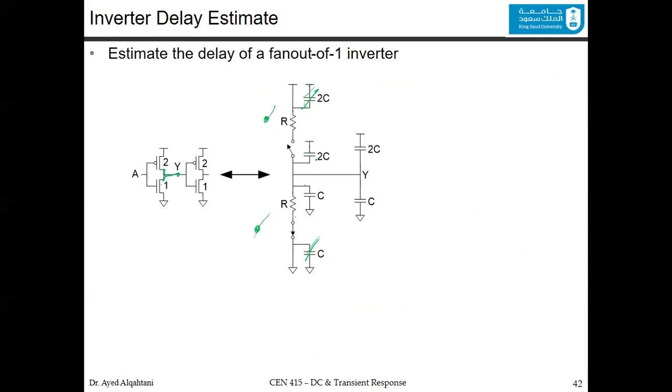Now, how do we find its value? Why did we say 2C and C? The reason is our sizing. We say that the K here is 2, so it's 2C.